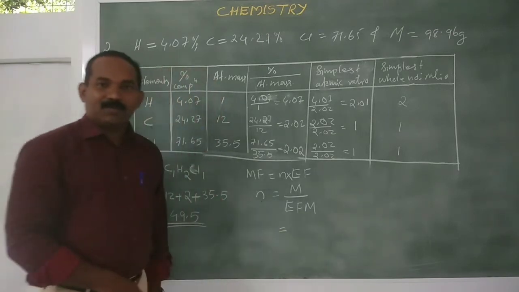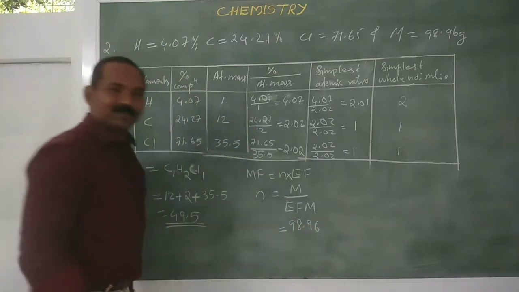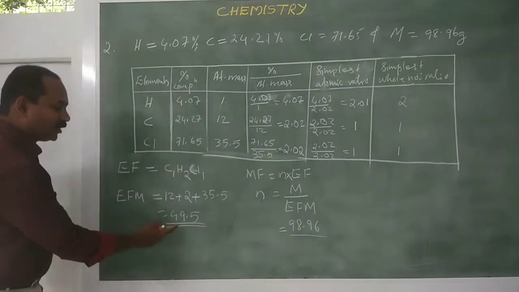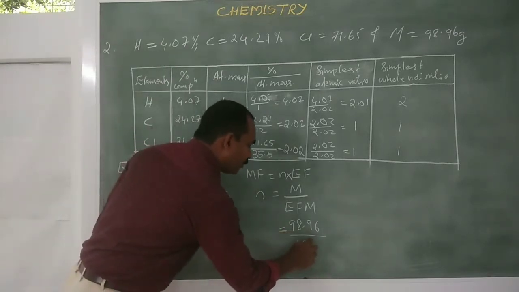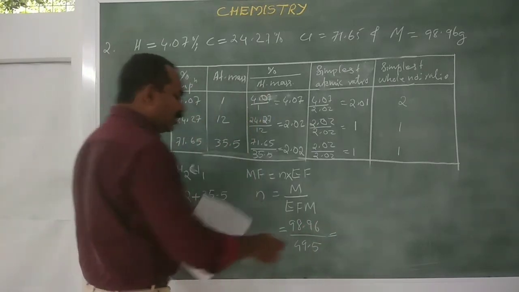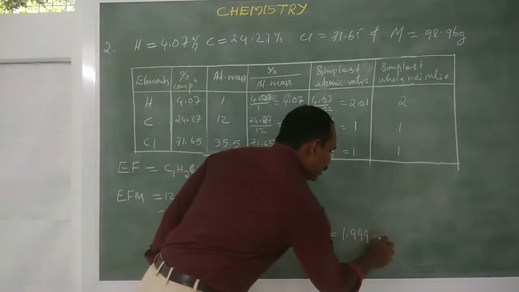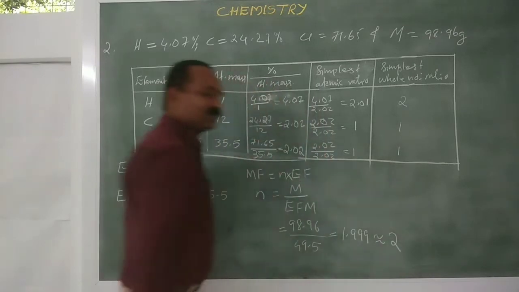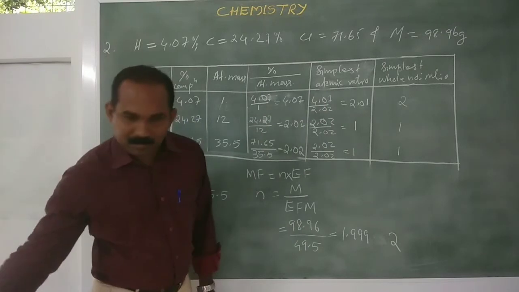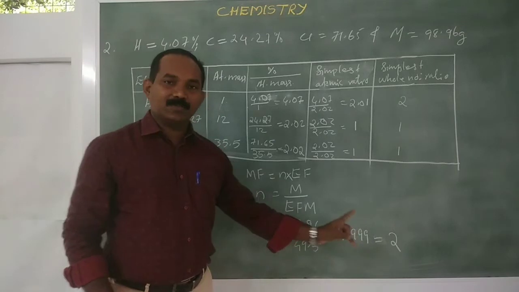In the question, the molar mass is given as 98.96. The empirical formula mass is 49.5. This gives 1.999, which is converted into a whole number because n is a whole number. It is exactly 2.